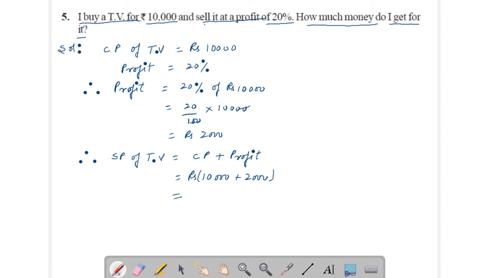Add it, we will get rupees 12,000. Therefore, he will get rupees 12,000 on selling his TV.